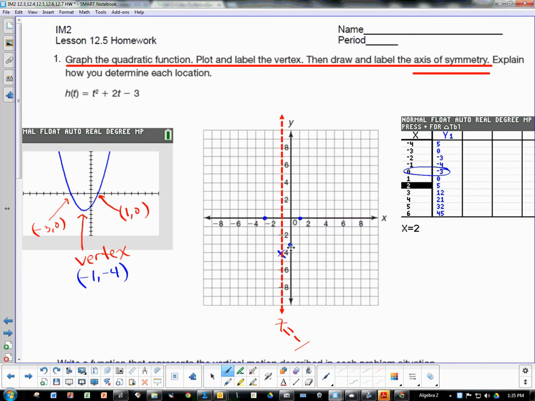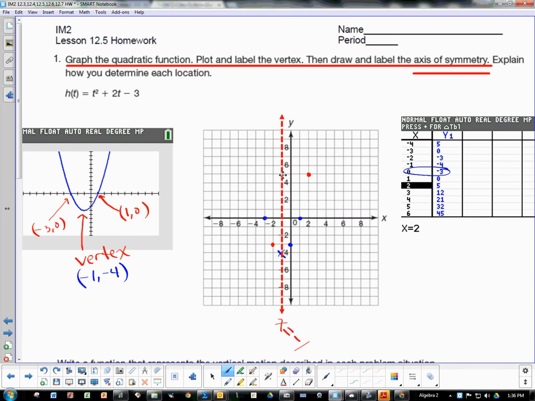Now, you see this point, and the idea of a parabola, we have the symmetry happening. So if this point is 1 away, then we have a point over here, which is 1 away. How about we find a point at 2 comma something? Looks like 2 comma 5. 2 comma 5 is about right here.